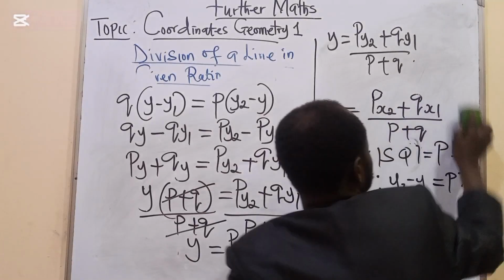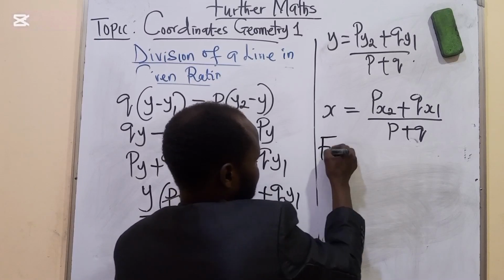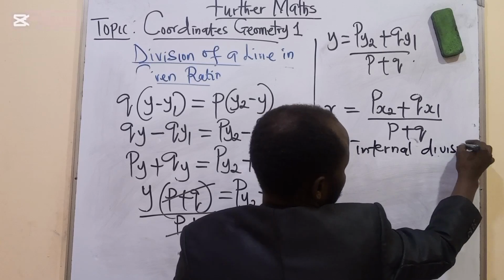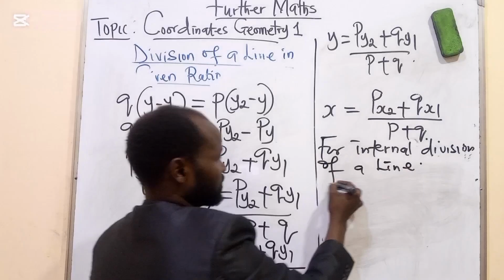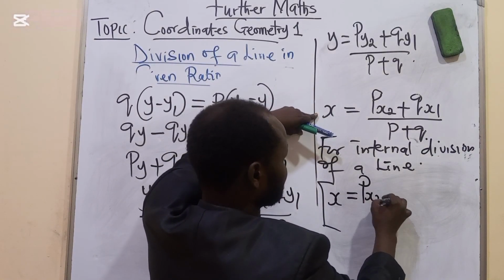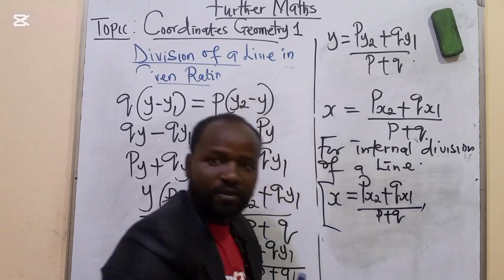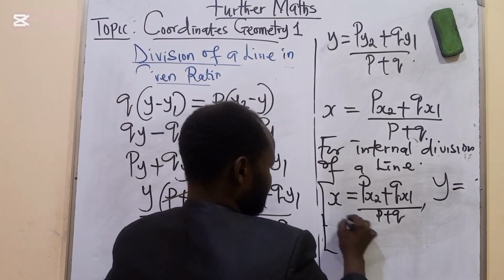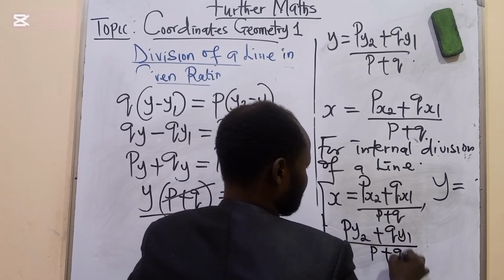We can deduce that for internal division of a line, the formula we have to use is given as, for x, x equals px2 plus qx1 divided by p plus q, comma, for y now, it will be equal to py2 plus qy1 divided by p plus q.